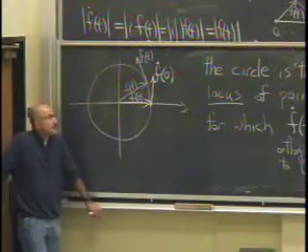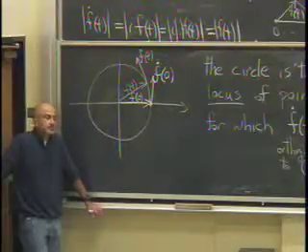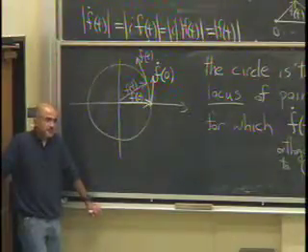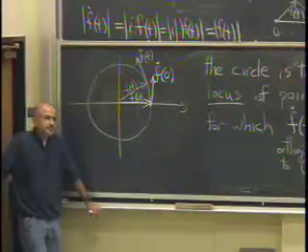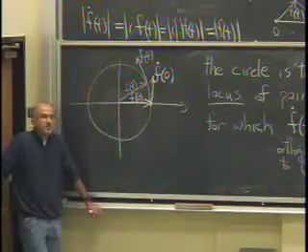One way is that you're going to have to return to the same place after some time because of the 2 pi ambiguity in the phase. You have to return to the same place after some time. A spiral doesn't have that property.